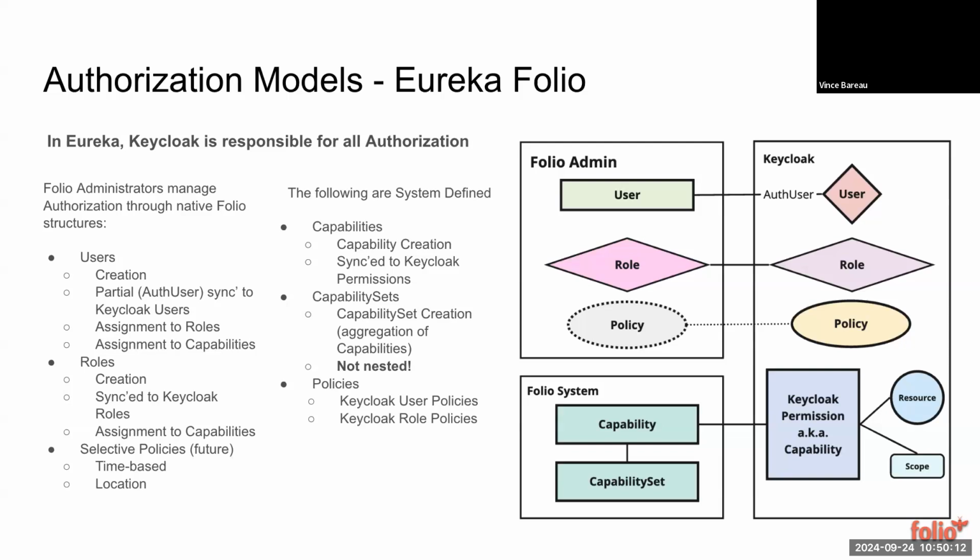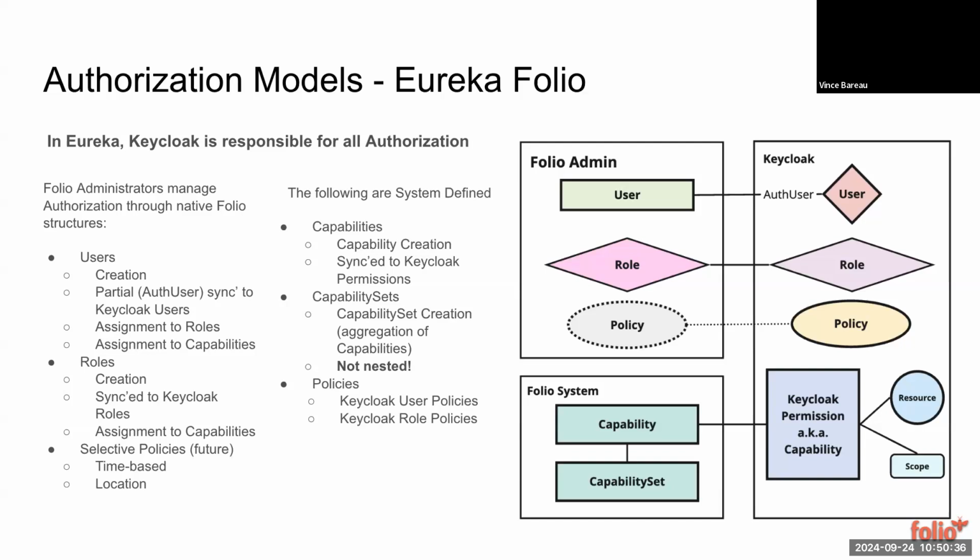Now, what you'll notice is that there's Folio admin and Folio system. Folio admin represents what an administrative user in Folio can do. Folio system is something that is done as part of your deployment and provisioning of a Folio hosting, and you'll see capabilities and capability sets, which is just a gathering of multiple capabilities. This happens on the Folio system. Why is that?